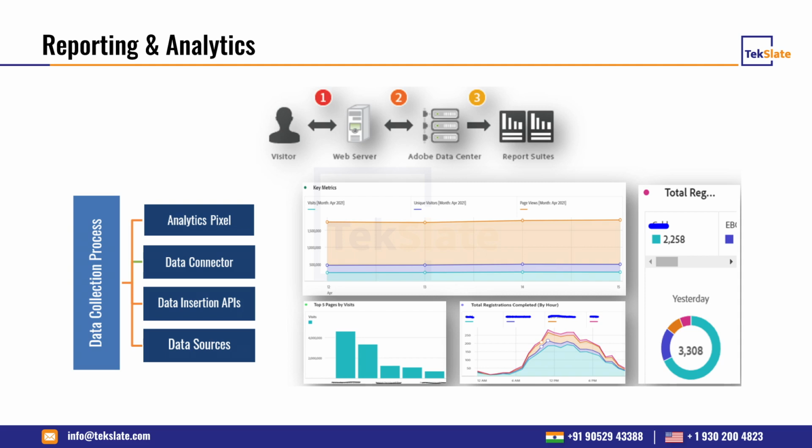Then on the right hand side, there is total registrations complete. That's a conversion type of report. The business wants to know how many registrations happened on an hourly basis for any particular day. There is a calendar module where you can select the time frame you want to look at. There are different visualizations you can opt for based on the nature of the data and how you want to represent it.